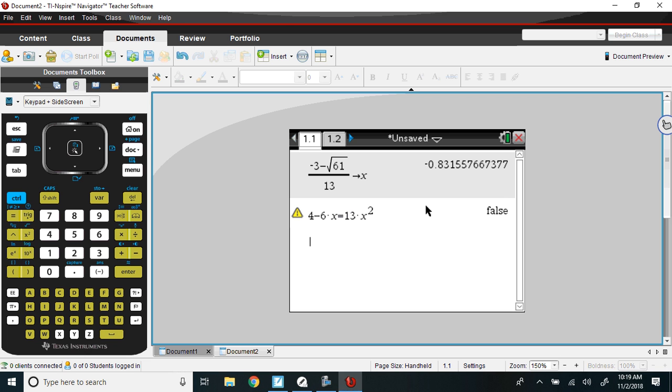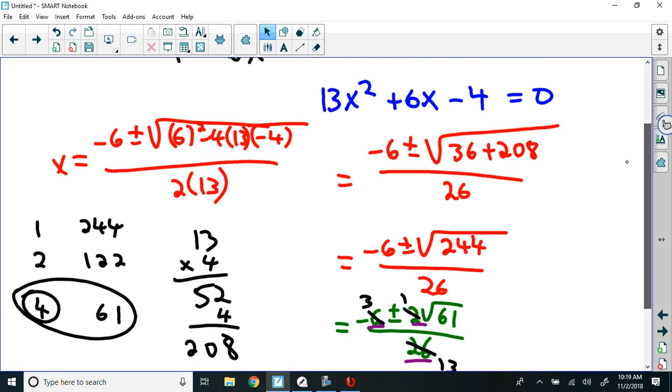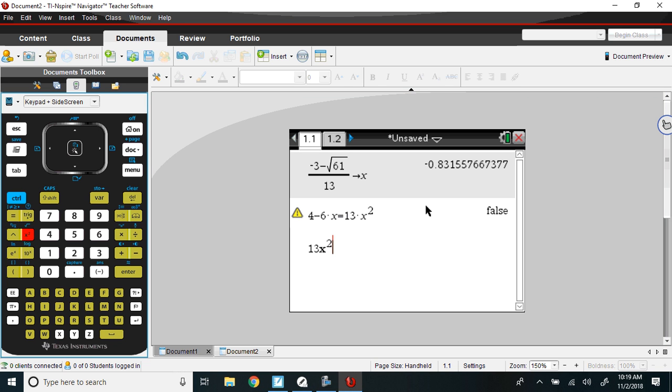So why didn't it like that? Was it 4 plus 6 in the beginning? So how come it didn't like it that way, though? Let's try 13x squared, plus 6x, minus 4.